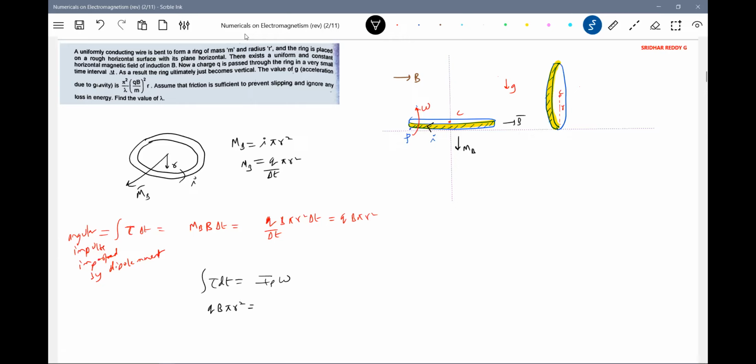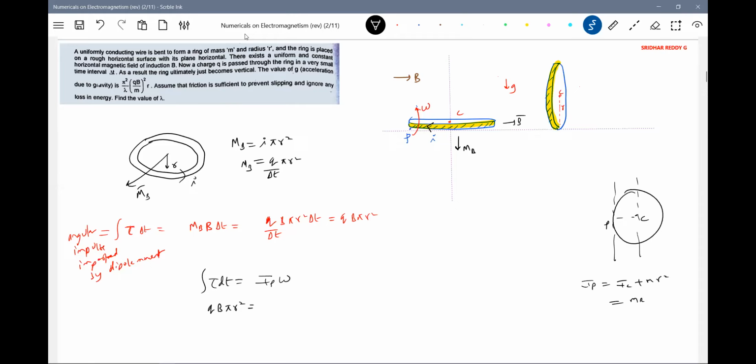What is the moment of inertia of the ring about an axis tangential to the plane of the ring and passing through the circumference? If you are getting confused, about any diameter it is mr square by 2. About point P, IP should be equal to IC plus mr square.